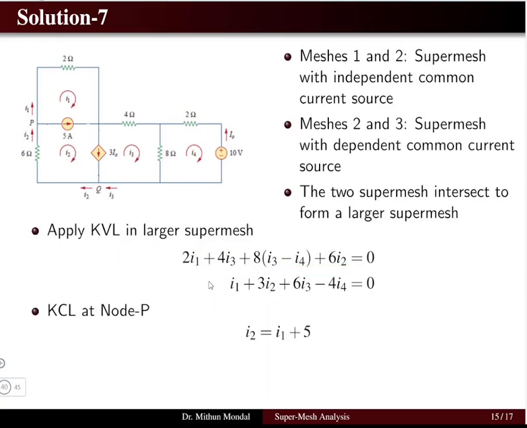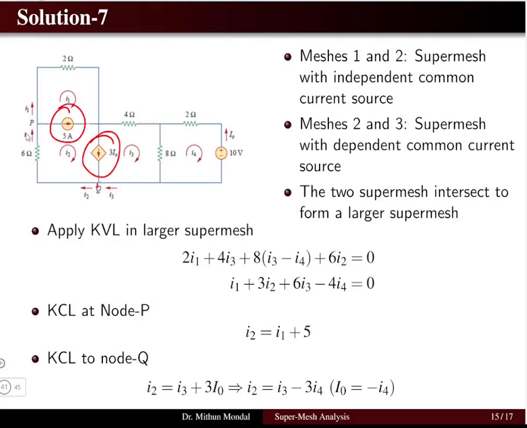And then we will have the KCL equation at the node P, which is the node here. Here we can apply the KCL equation, which is the current due to this source of 5 ampere. Once we have applied that, we can apply it at the node Q, which is due to this current source and this current source, which are the constraint equations, as we have done in the previous problem.